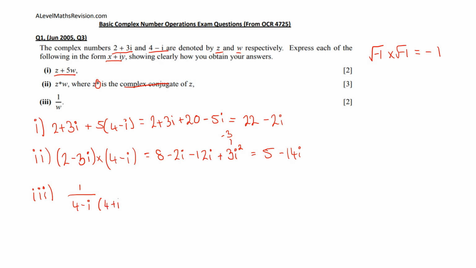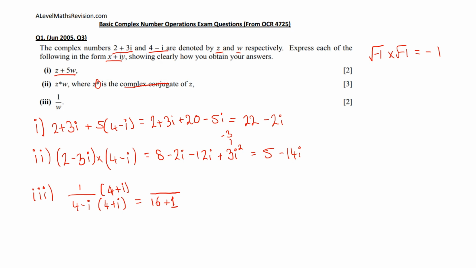So if we go for 4 plus i on both sides, then we're going to be left with 4 times 4, which is 16. And then we're going to get minus 4i from here, and then plus 4i from here, so they're going to cancel. We can leave those, and then minus i squared, which is going to be plus 1. Oh, sorry, not i, plus 1.